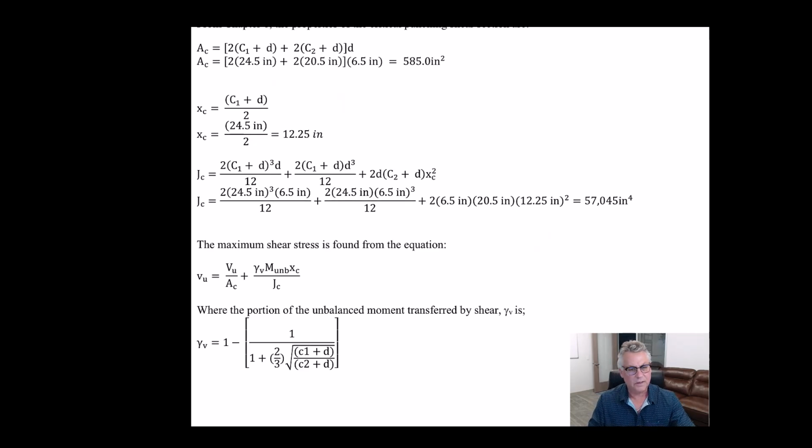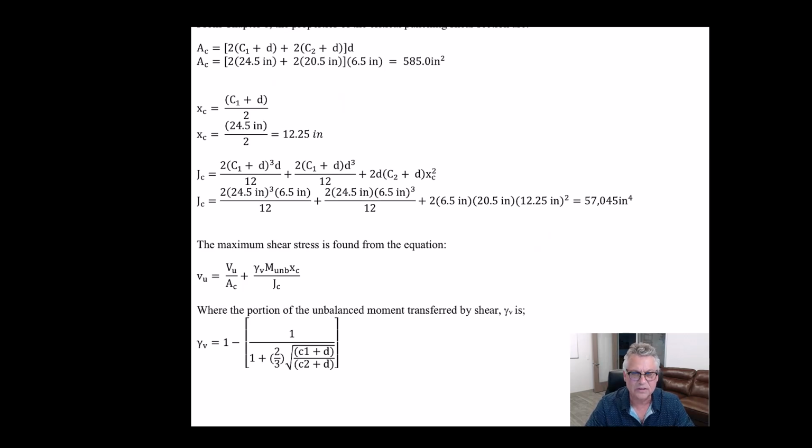Now here's where it gets interesting, and if you have not had this before in reinforced concrete, pay attention here. What the code says is you calculate your shear stress, the punching shear stress, and compare it against the allowable, but you're not using the total unbalanced moment. Remember, we've done that moment distribution. We have a column, so we have a different moment on the left side than the right side.